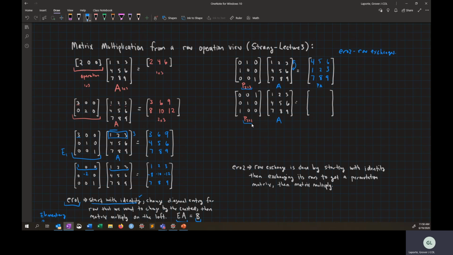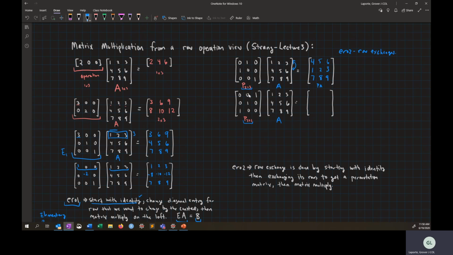And then this one, what does it do? P321 takes the third row and puts it in the first. The second row goes in the second, and the first row goes in the third. So basically this is just exchanging the first and third row. All right, let's see what that looks like.